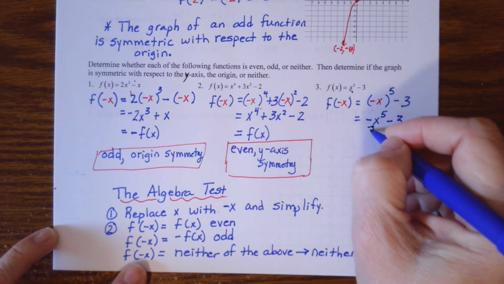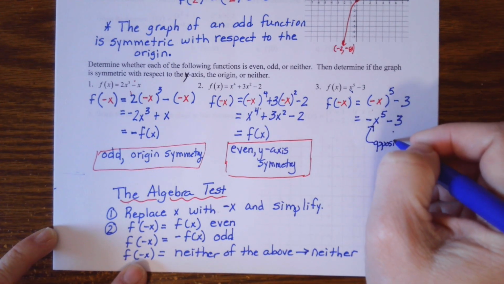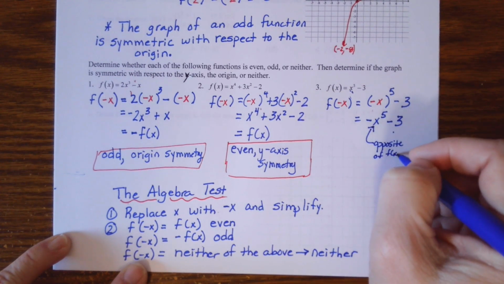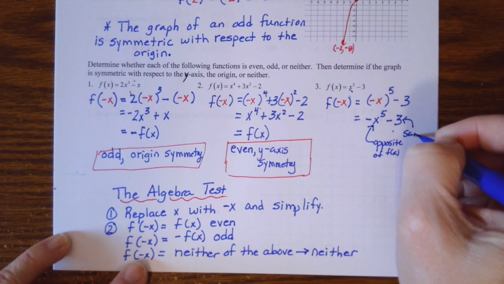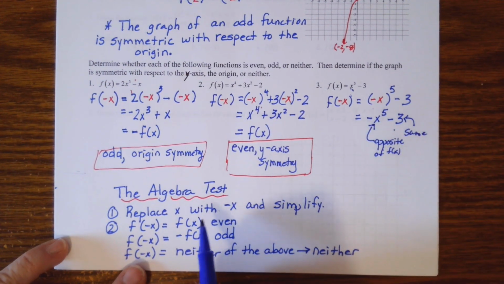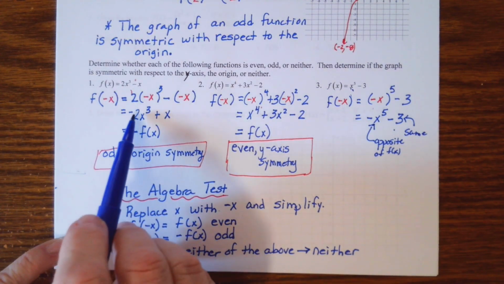So I'm going to put a little note here. This went opposite of f of x, opposite of f of x, where this negative 3 stayed the same. Well, I either have to have it exactly the same or all of them the opposite. Like on this one, we went from positive 2 to negative 2.